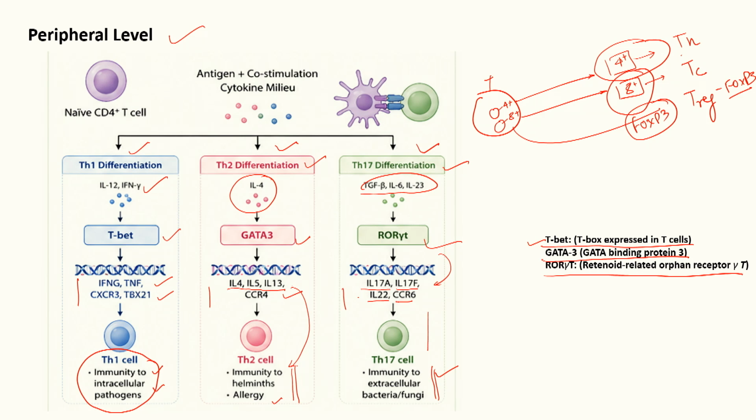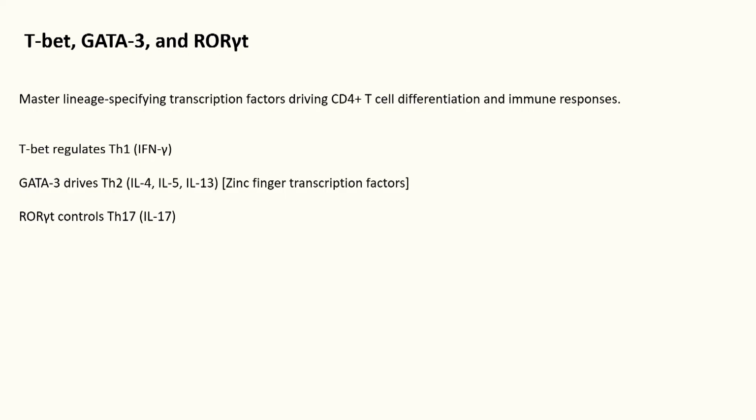Now let's see what is happening to the cytotoxic T cell population. Again, there is a different set of transcription factors that regulate the cytotoxic T cell population. Let's summarize again the same thing which we have discussed. These are master transcription factors which regulate CD4 plus differentiation, and those are the three factors listed here.